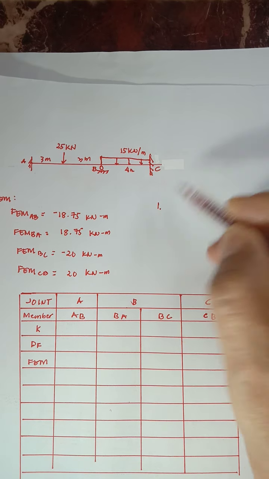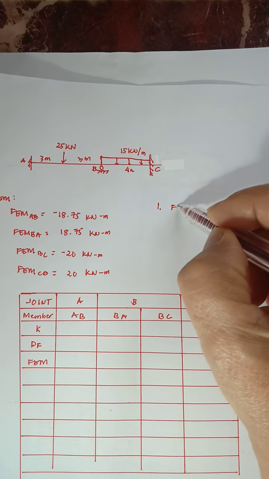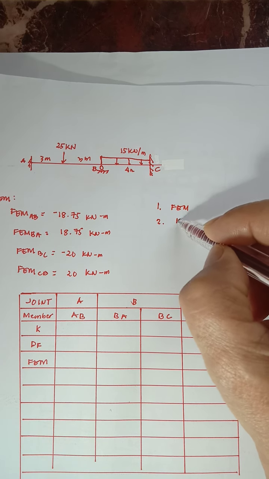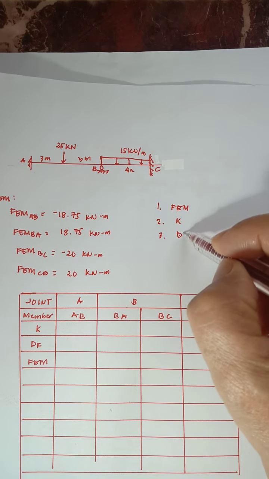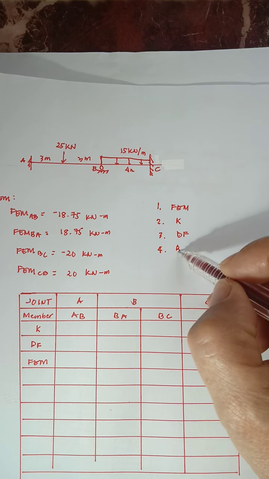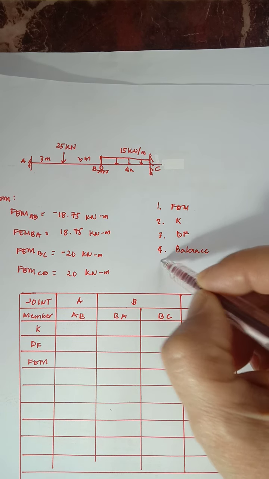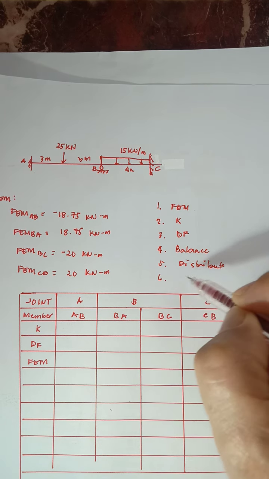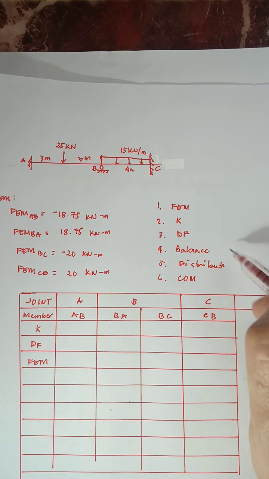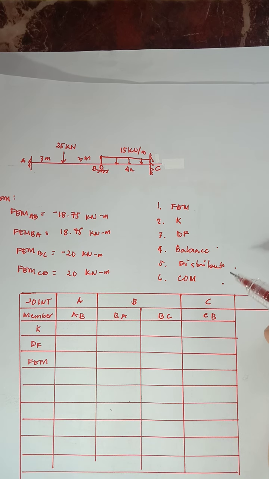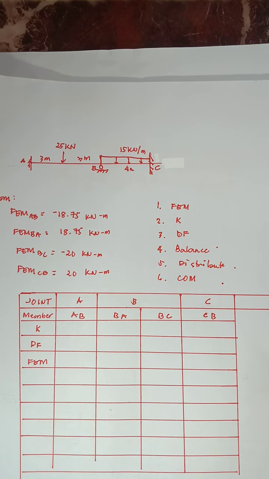So first, we solve for the fixed end moments, and then we determine the stiffness factor, then the distribution factor, and then you have to balance the moment and then distribute, and then the carryover moment, and then repeat: balance, distribute, carry over, then balance, distribute, carry over, until such time that the moments are almost negligible.